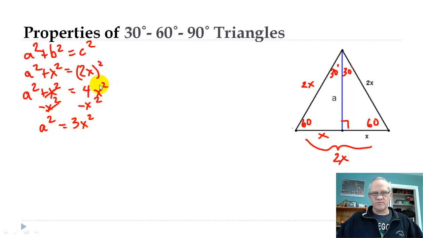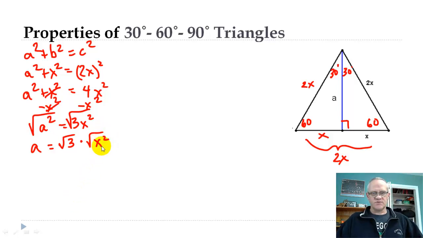I had 4 of them, and I subtracted 1, so now I have 3. And what's the opposite of squaring? Taking the square root. So now I just have a equals the square root of 3x squared. Remember again, to simplify, I'm just going to write the square root of 3 separate from the square root of x squared. What's the square root of x squared? That just comes out to be x. The square root cancels the square.